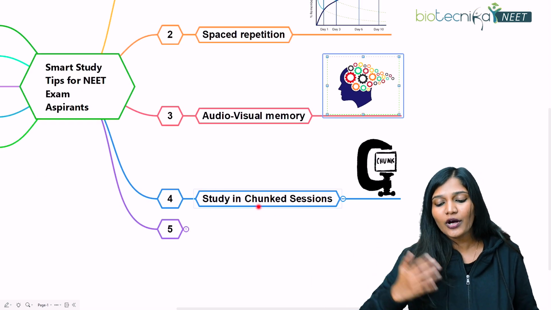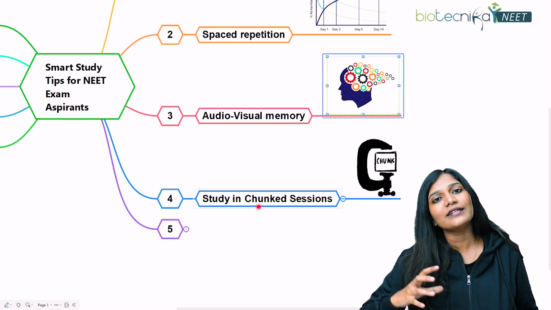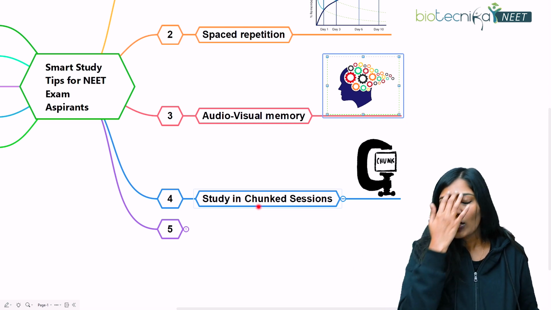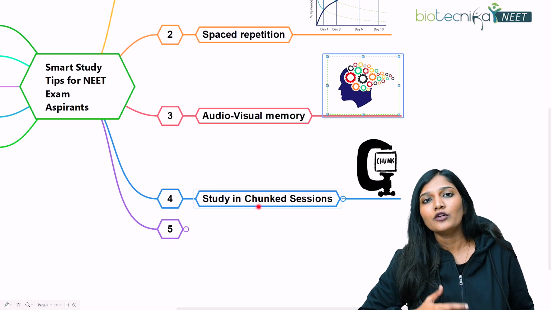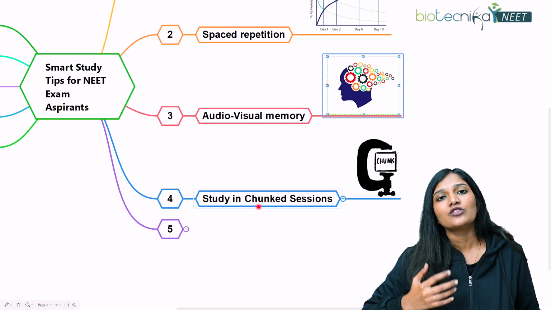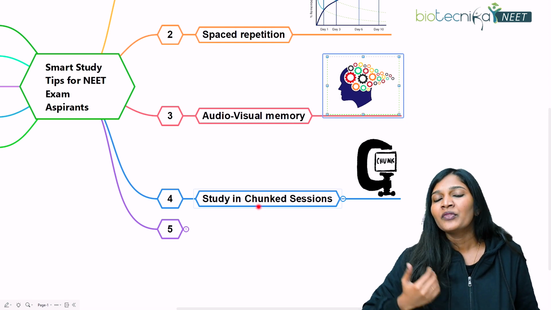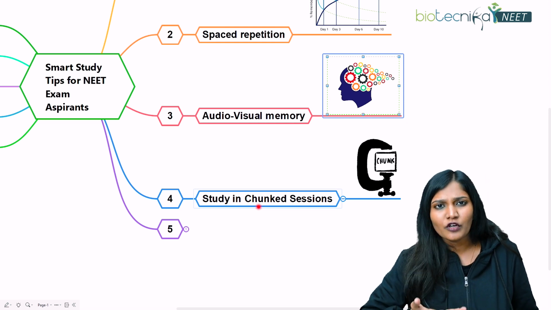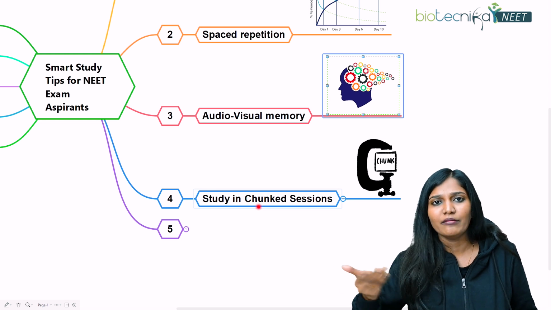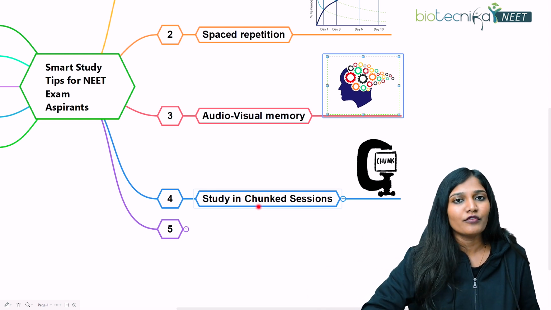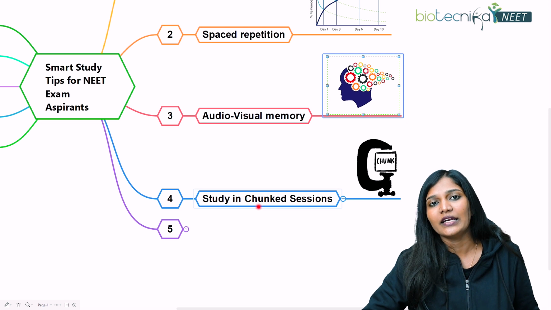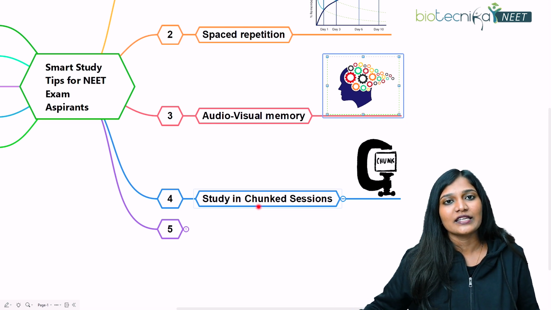Next is study in chunked sections. So chunked is like you're going to study it in pieces. If I take unit number 2, you'll be having morphology of flowering plants, anatomy in flowering plants, and of course structural organization in animals also.